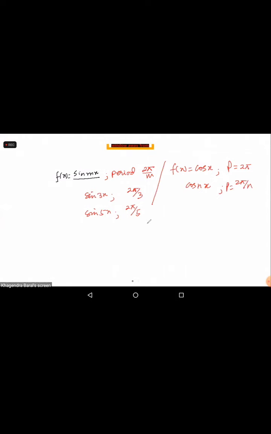त्यस्तै similarly tan x को period निकाल्नु पर्यो भने f of x is equal to tan x नि, you can use the similar procedure to derive. Right, let f of x be equal to tan x and p be the period of the function, then f of x plus p is equal to f of x.